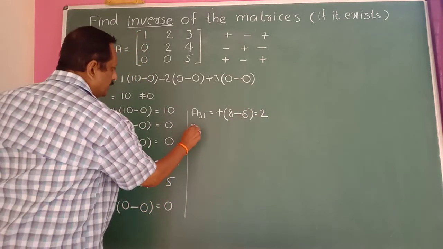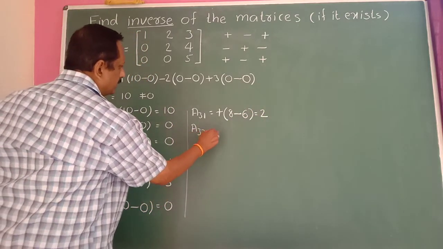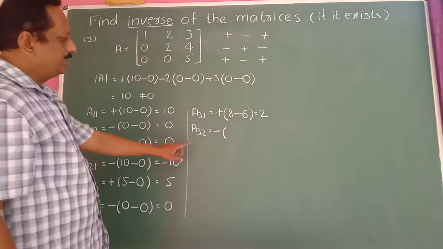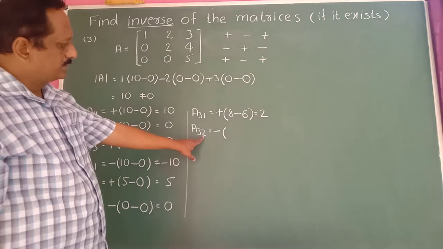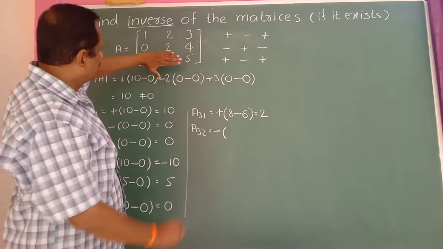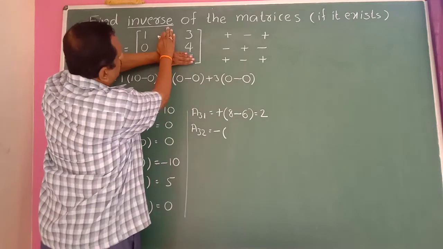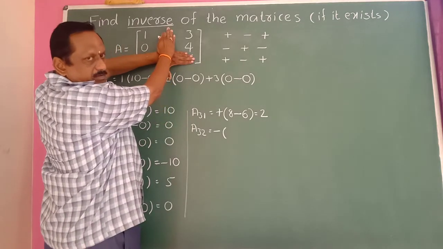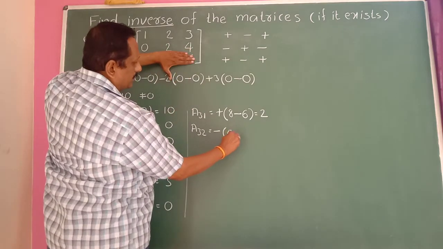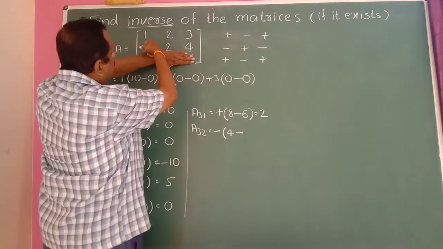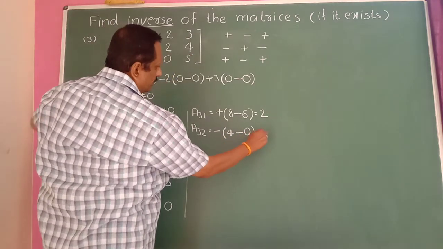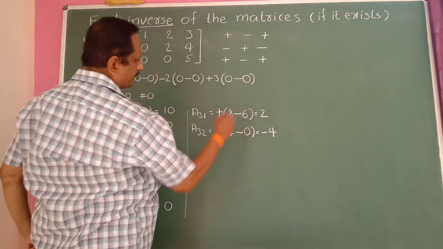Then A32. 3 plus 2, 5, odd number, take minus sign here. Deleting third row, second column. Deleting this third row and the second column here. Therefore these are the remaining elements here, like this. Then 1 into 4 becomes 4 minus 3 into 0 becomes 0. This is equal to minus 4.